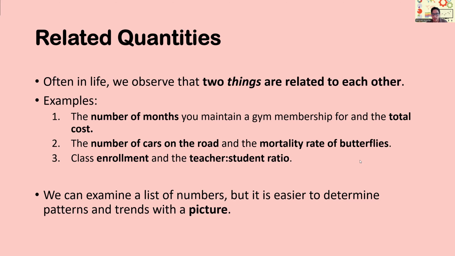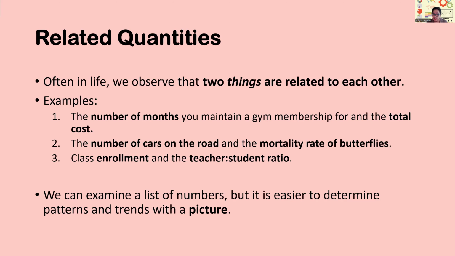Okay. Another scenario would be during a particular season of the year, I believe it's in fall, you see a lot of butterflies flying on the highway. And I'm sure that as all of us are driving, we're slamming into these things and killing dozens, if not hundreds and thousands of butterflies. But regardless of that sort of morbid scenario, the number of cars that are on the road affects the mortality rate of butterflies, right?